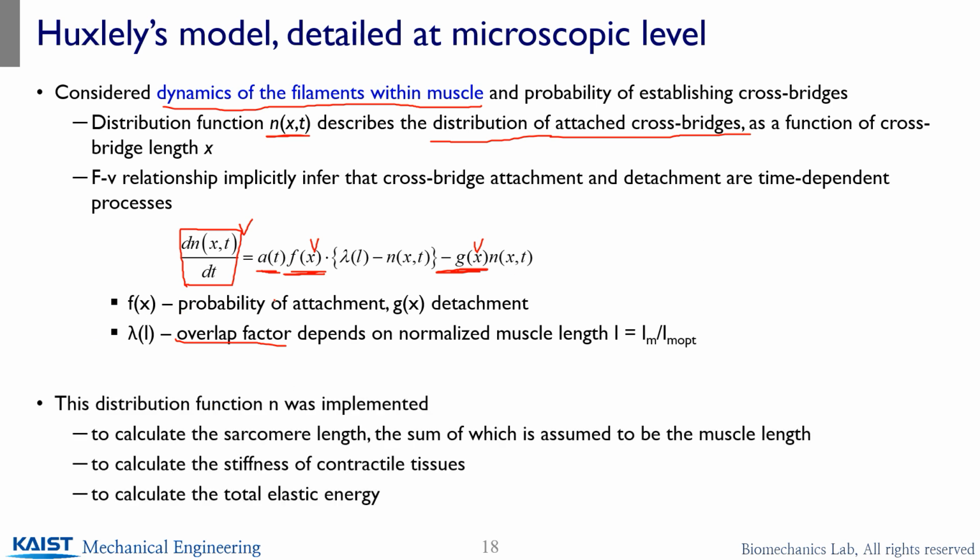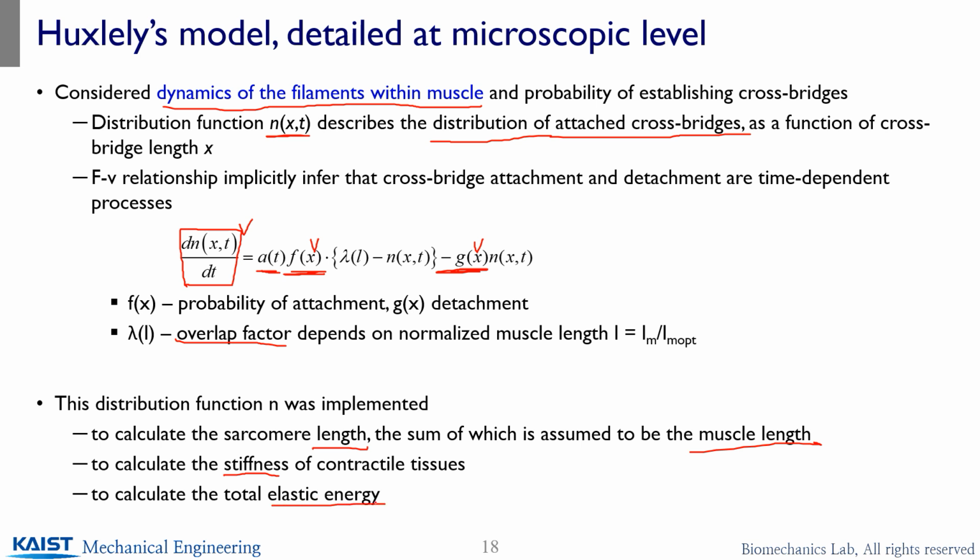So by introducing those dynamics for the cross bridge attachment, you will affect the sarcomere length, in turn your muscle length, and that will affect the muscle length-force relationship and force-velocity relationship as well. Those contributions will also affect the stiffness of contractile tissues and total elastic energy, etc.